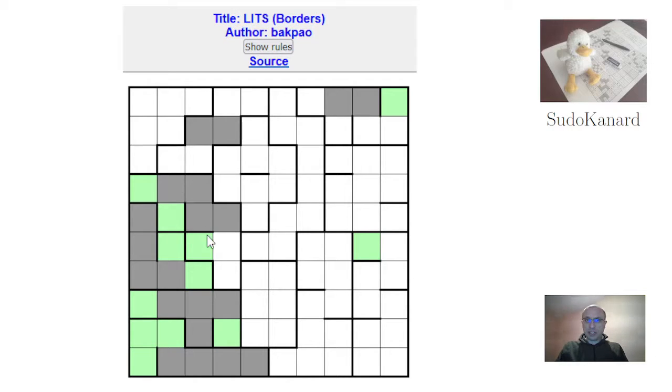What if I put an S here? Then this has to be an L. S is like this. And here I need an S like this.